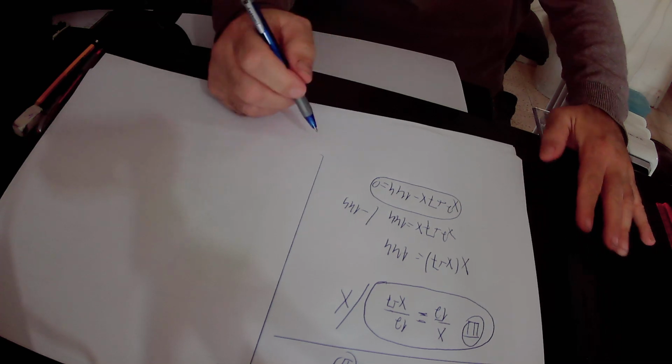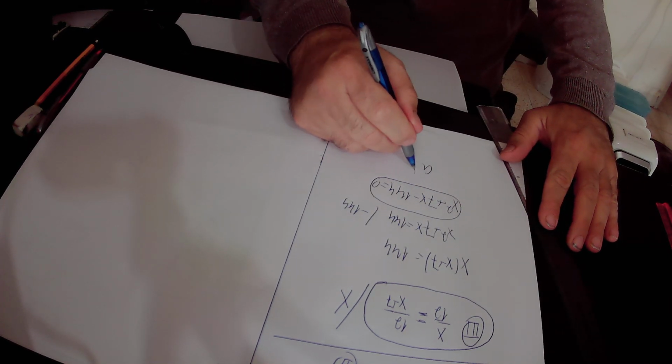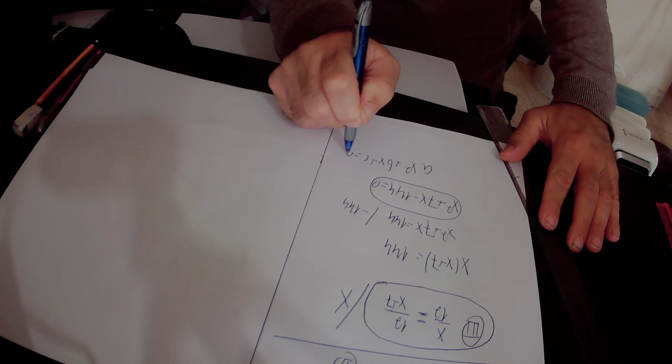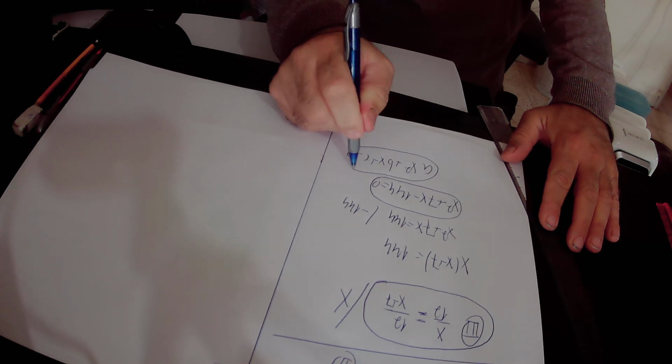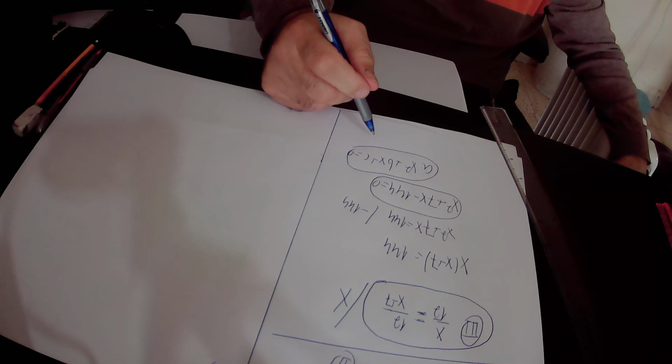The general formula for a quadratic equation is ax squared plus bx plus c equals 0. Here a, b, and c are the coefficients of the quadratic equation, and x is the variable that we are looking for.